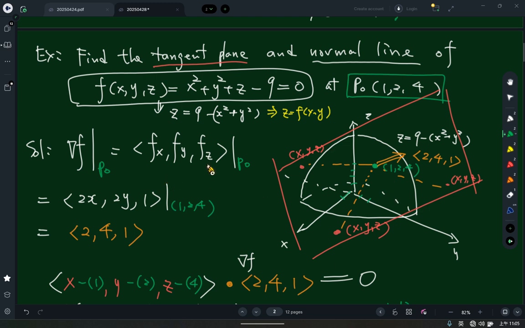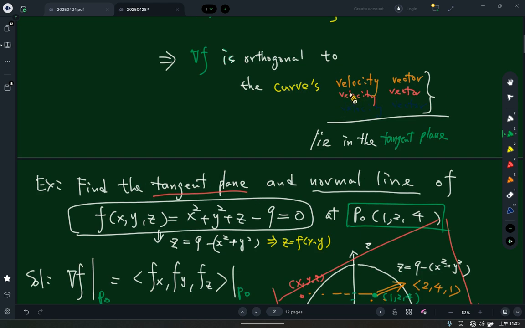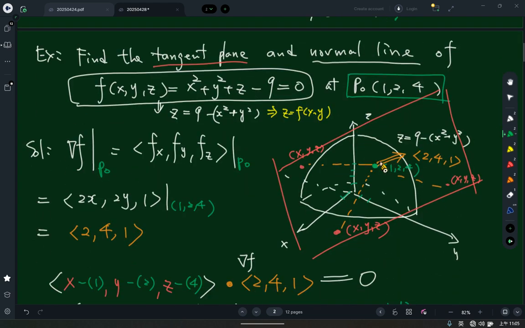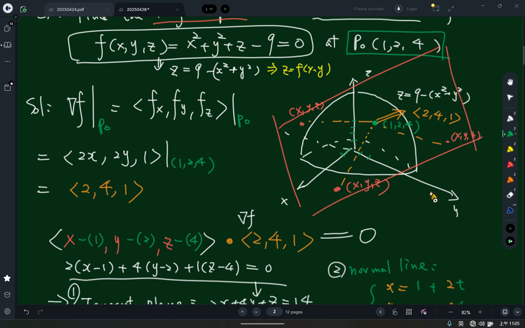The first thing for us is to get its gradient vector. The gradient vector will follow this one because we already know all velocity vectors are orthogonal to the gradient vector. So using this as its normal vector, if we want to construct the tangent plane in red, for any point (x, y, z) we form a vector from the point (1, 2, 4) to (x, y, z).